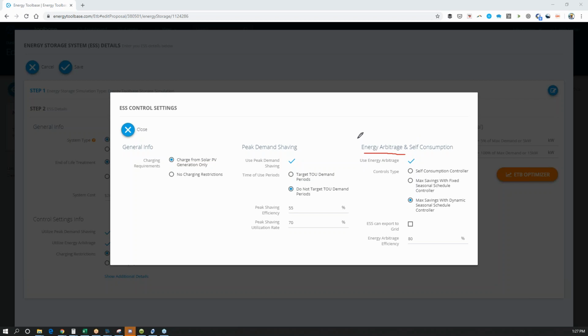Or you could say, no, I only want you to use it for peak demand shaving. That's based on your rates. You have to have about a 20 cent a kilowatt hour rate differential for energy arbitrage to really make sense, although you still could use it after you've bought the battery to lower your electric bill if that's the end goal. That's a little bit dicier. The peak demand is where the real cost effectiveness is coming from.